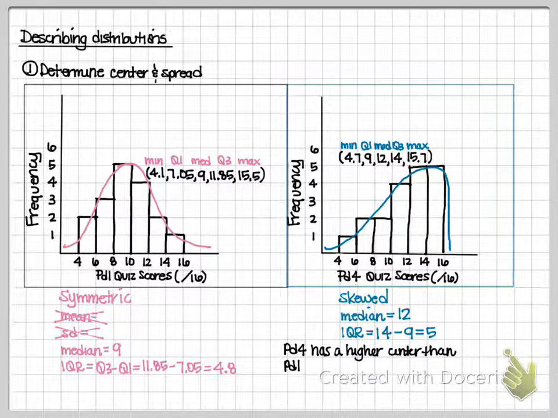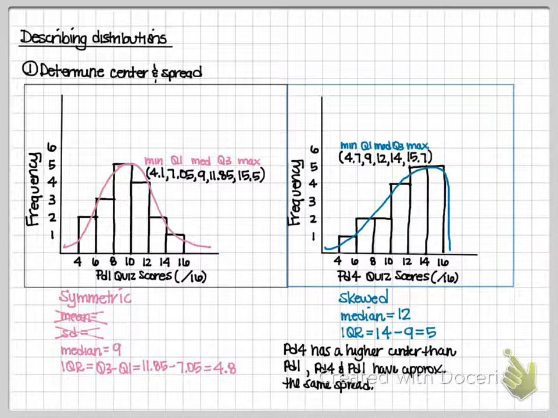And then it looks like the IQRs are pretty comparable. They're almost identical. And I would say period 4 and period 1 have approximately the same measure of spread. So I have identified and compared my center and spread together.